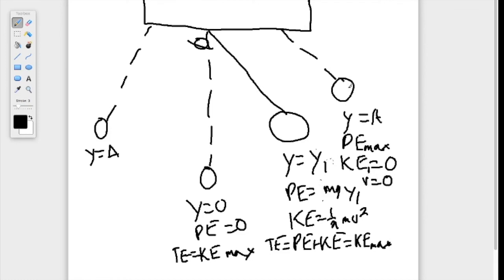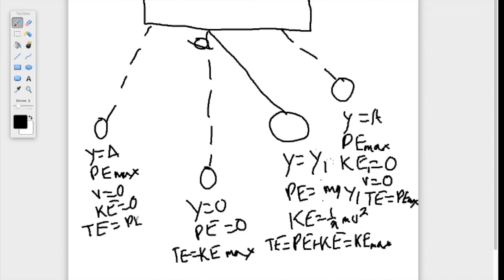So at that point, it is instantaneously at rest. So the total energy at that point equals the potential energy max. And same thing here: PE max, V equals 0, KE equals 0, and then TE equals PE max.